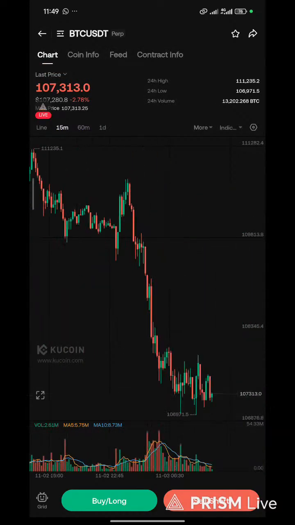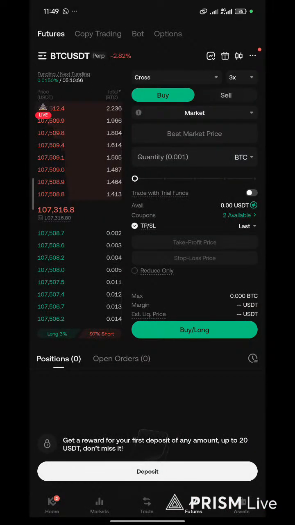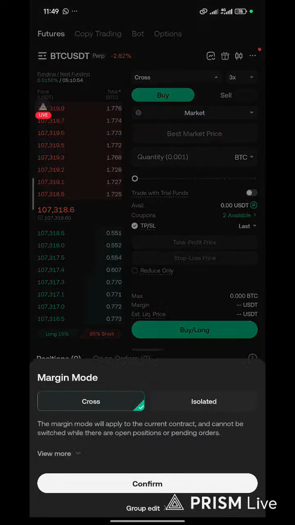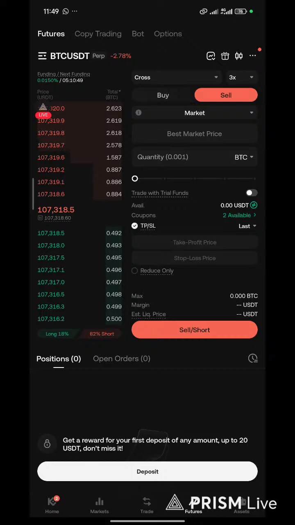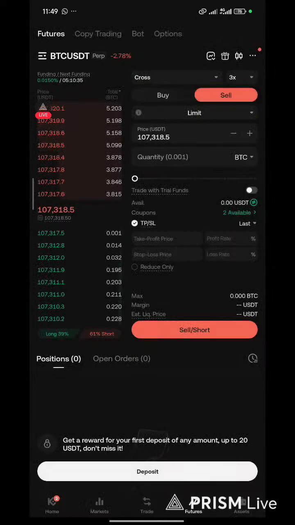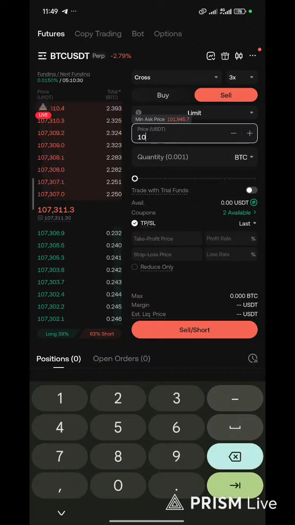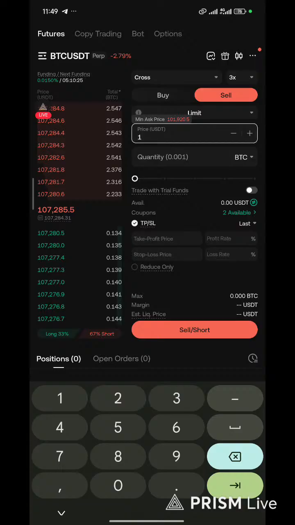Now you come here. So you're not talking about the chart right now. We're going to use cross margin. Market is going to sell. At that point, we will set it to non-market. I will set it to be what? The limit order.